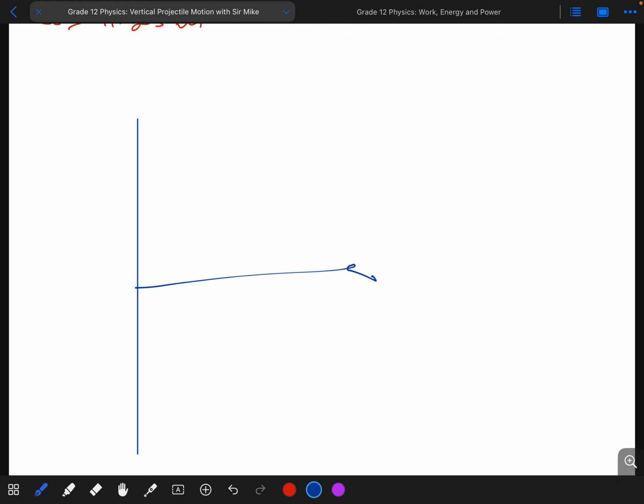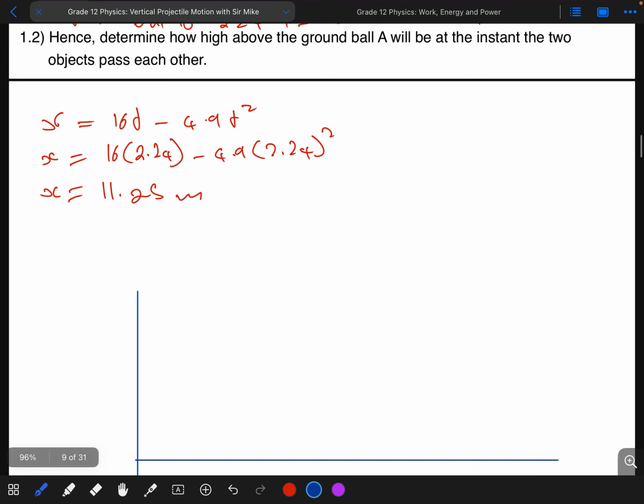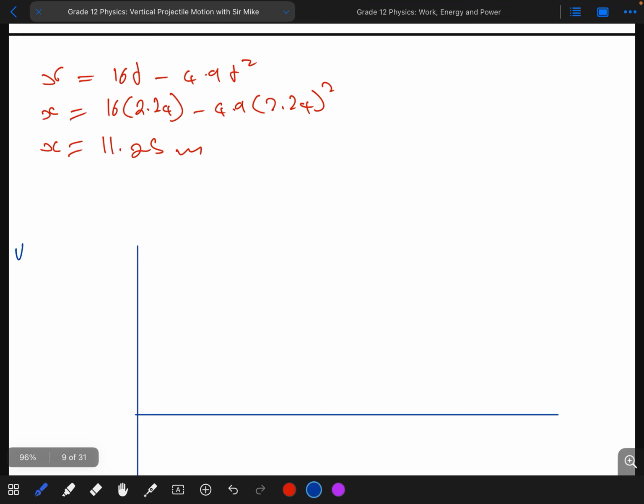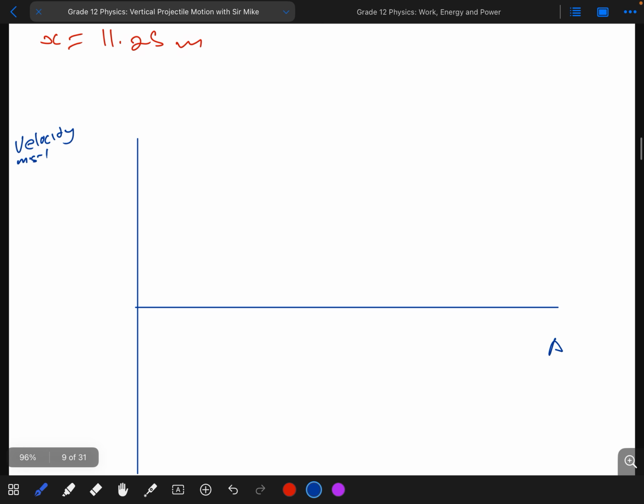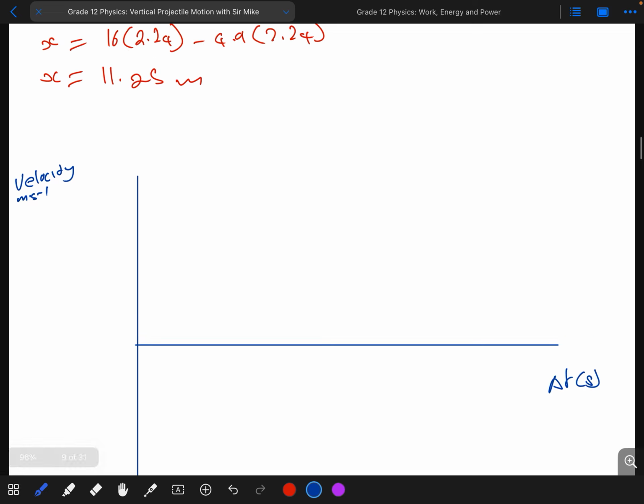This axis is velocity in meters per second, and this is delta t in seconds. So this is velocity versus time.